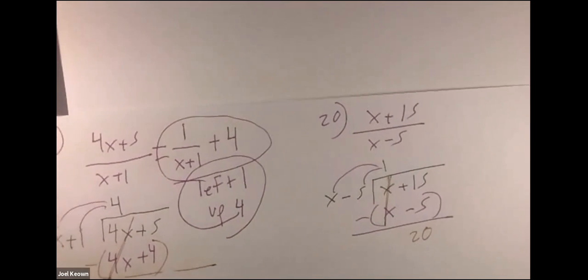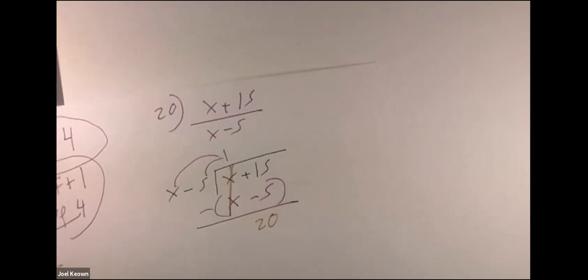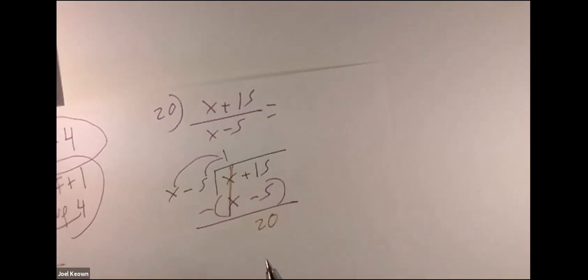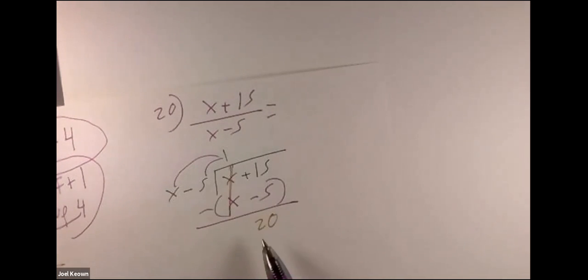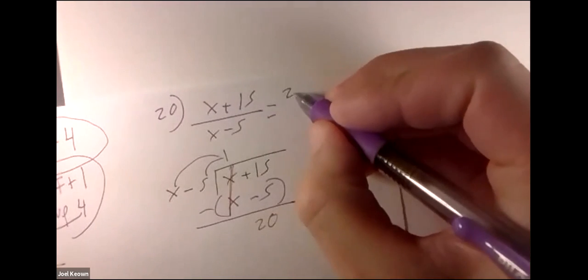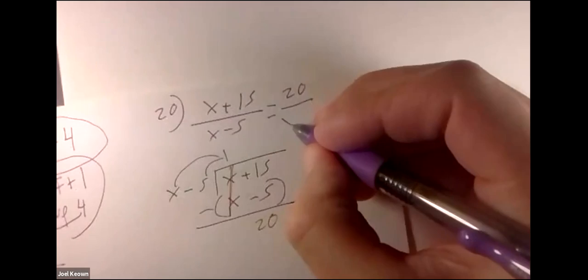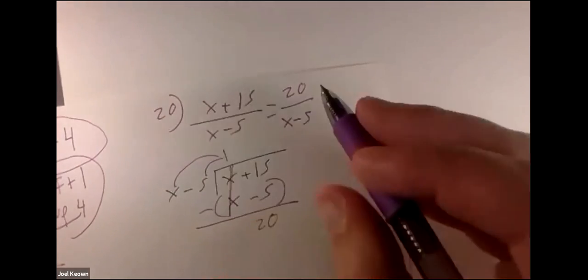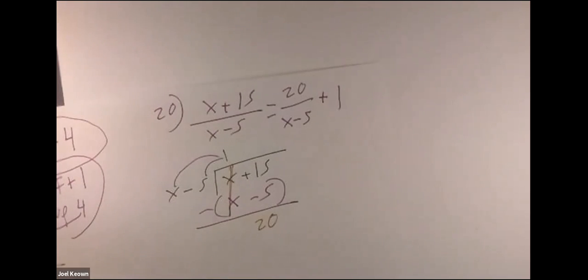Now I can rewrite it. So this is, again, my remainder goes on the top, what I'm dividing by. And then what goes on top here is right there. Okay?